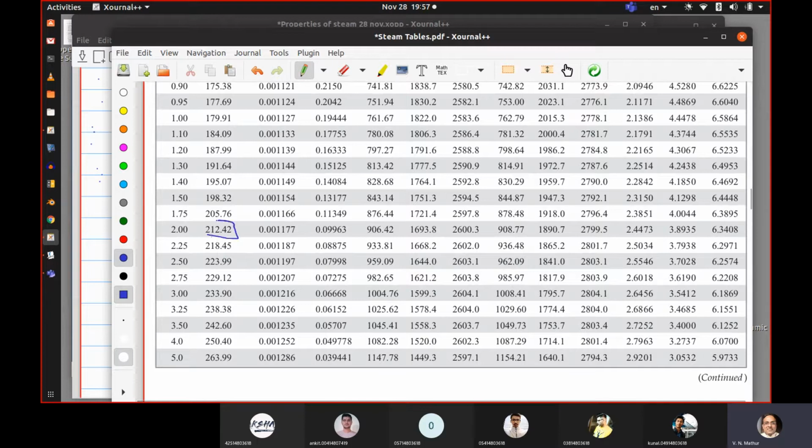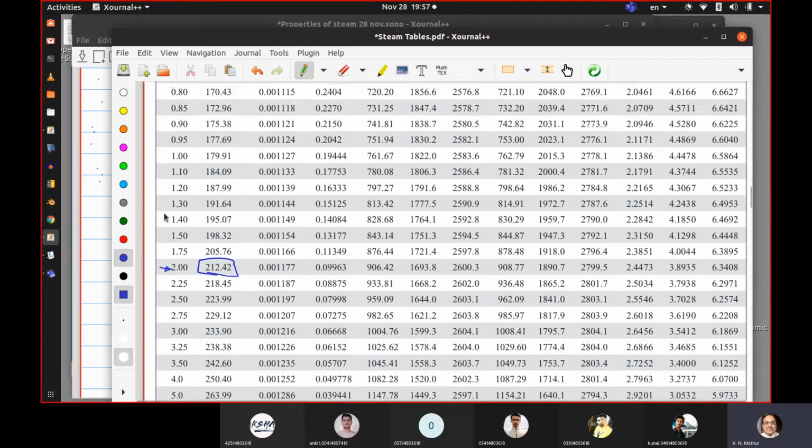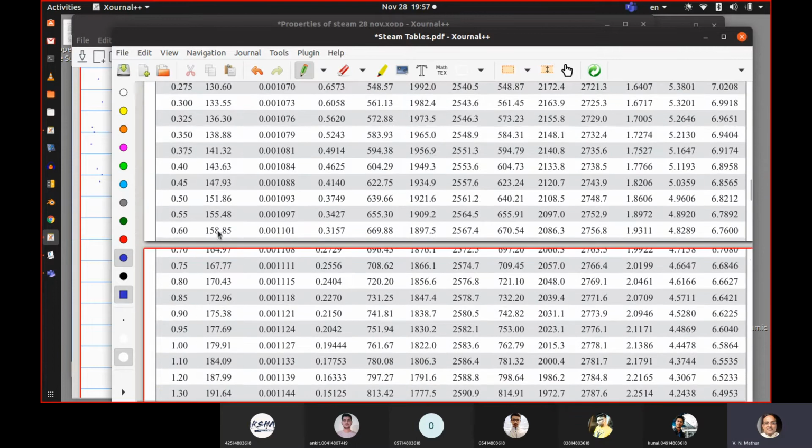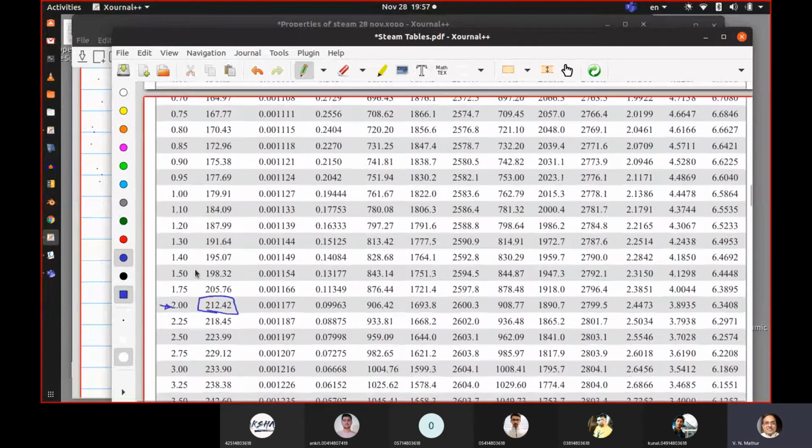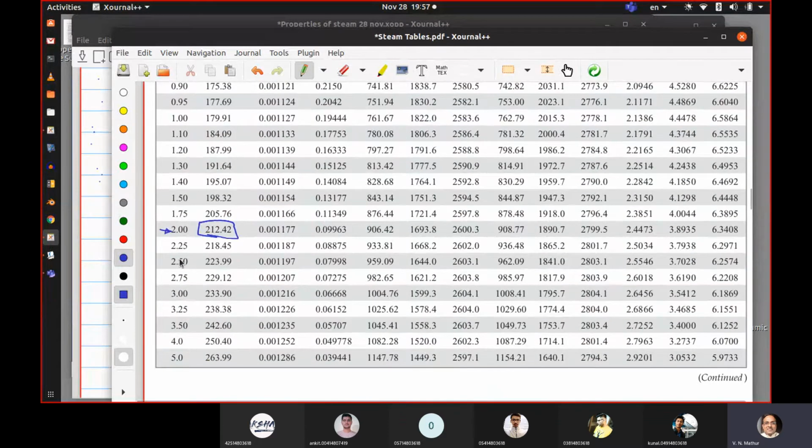This is also a direct value from the steam table. This is at 2 megapascal. So pressure is 2 megapascal.